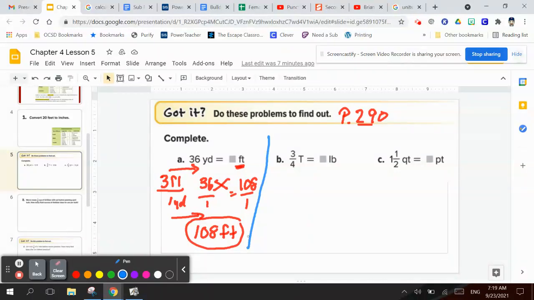Letter B, 3/4 of a ton equals how many pounds? So I want to write how many pounds there are in 1 ton. So if I look again, we're looking at weight, and it says that 1 ton equals 2,000 pounds. So 2,000 pounds is 1 ton. We have 3/4 of a ton.